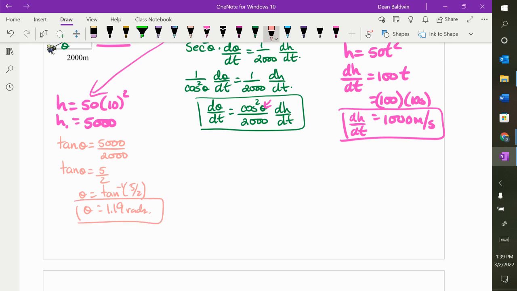Now we just slam everything into the formula. d theta dt is equal to cos of 1.19 rads, all squared, over 2,000 times 1,000 meters per second.